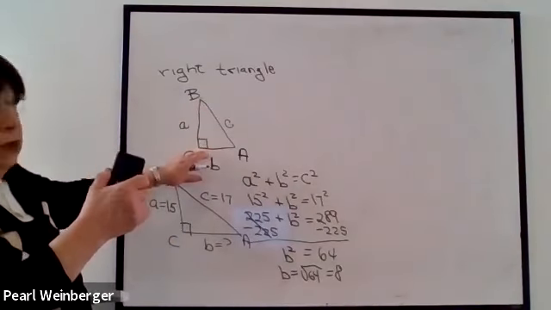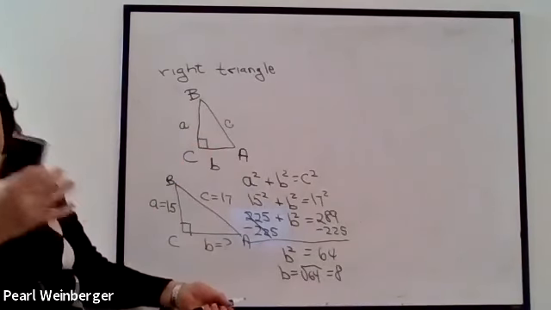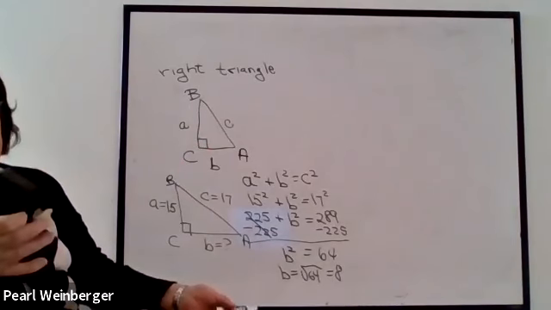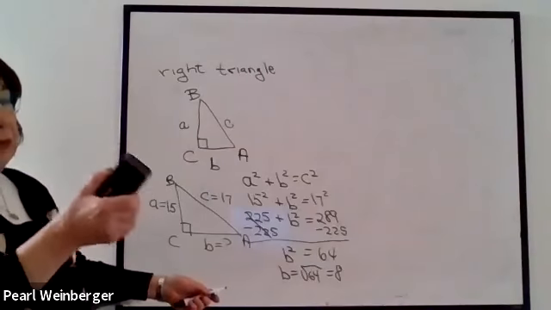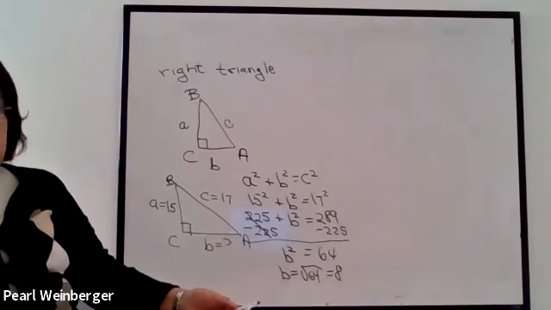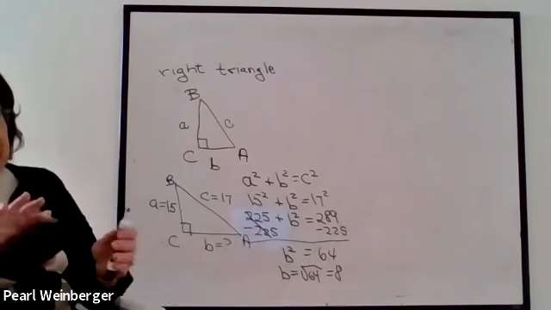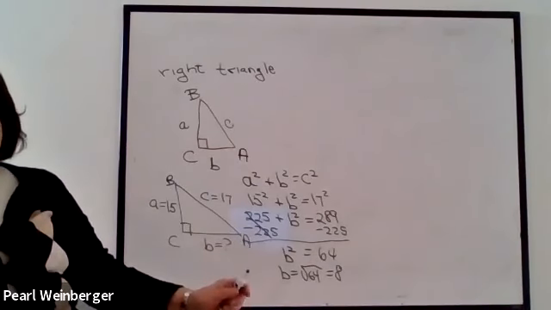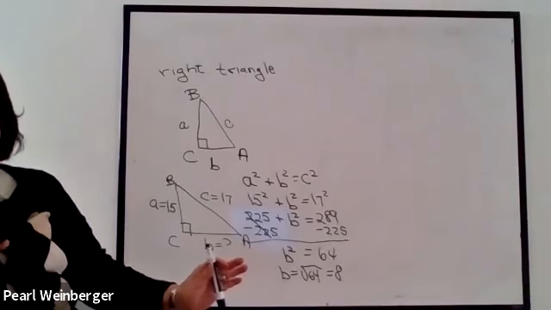Now, one of the angles we know has to be 90 degrees. The angles always come up in degrees in a triangle. When we're talking about an angle in a triangle, we talk about the angle in degrees. There are other ways to measure angles, but that's not within the scope of this class. We're just going to deal with angles in degrees.